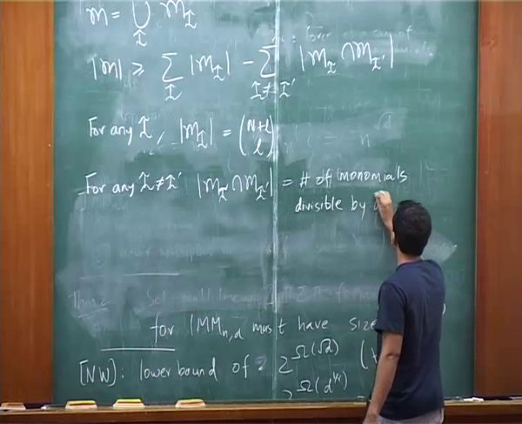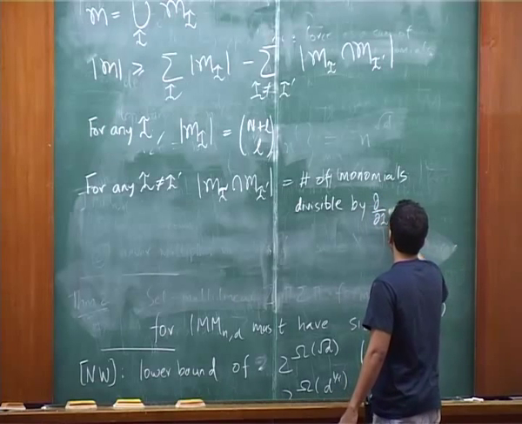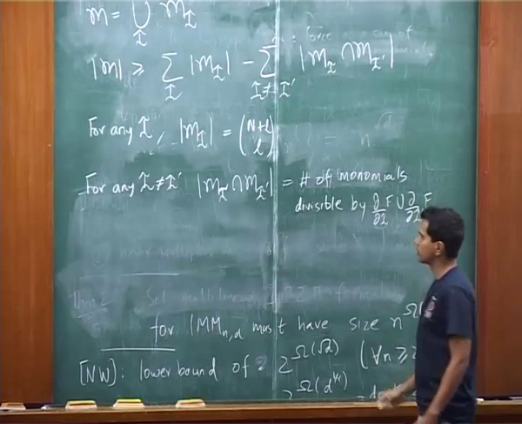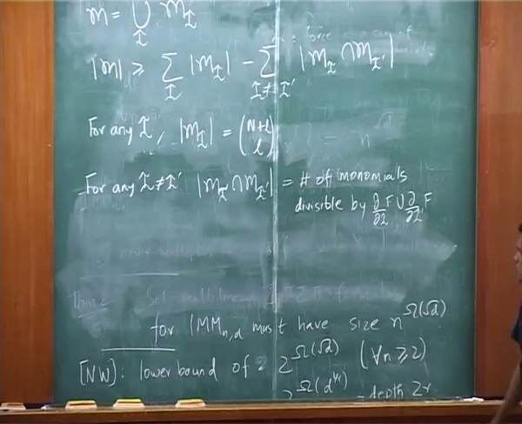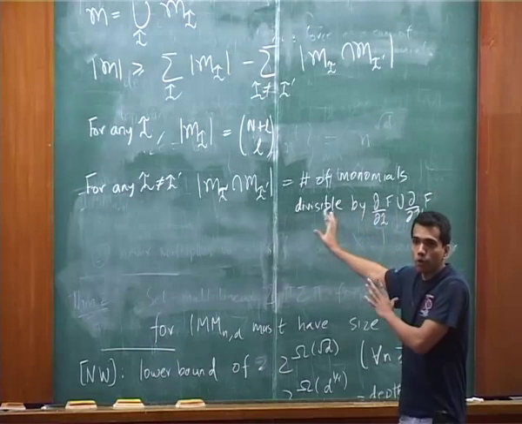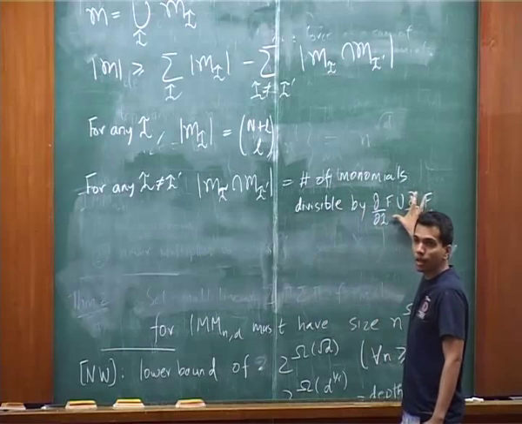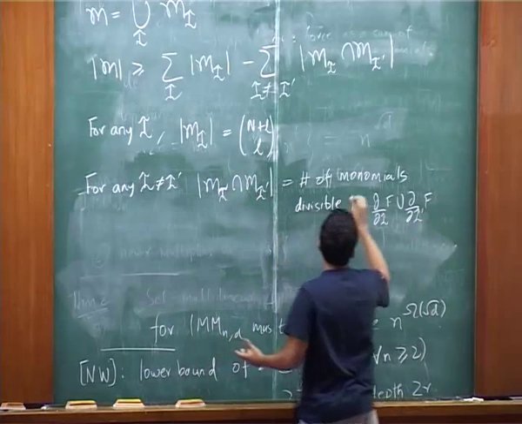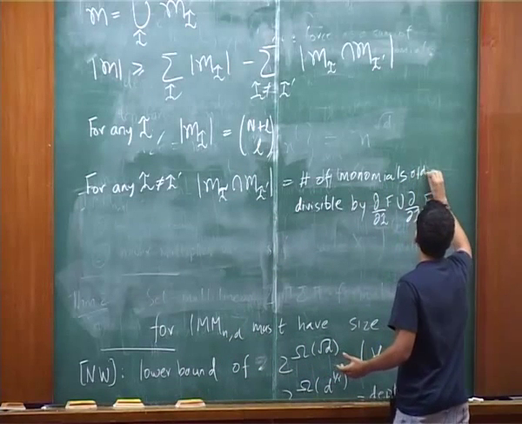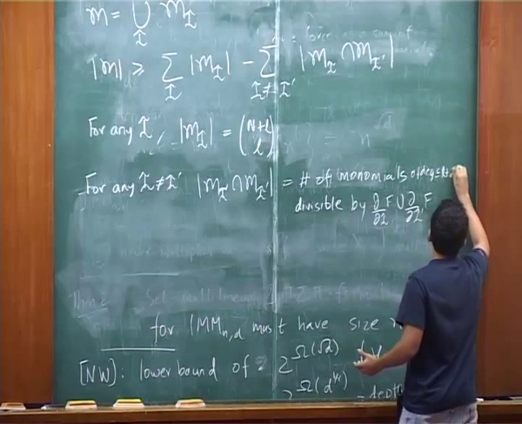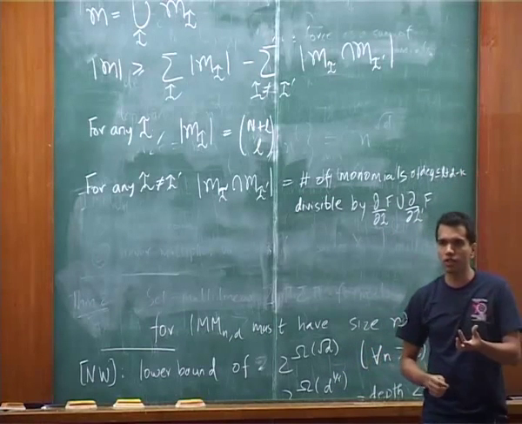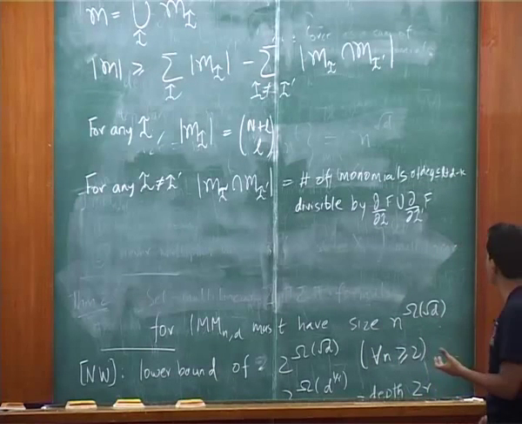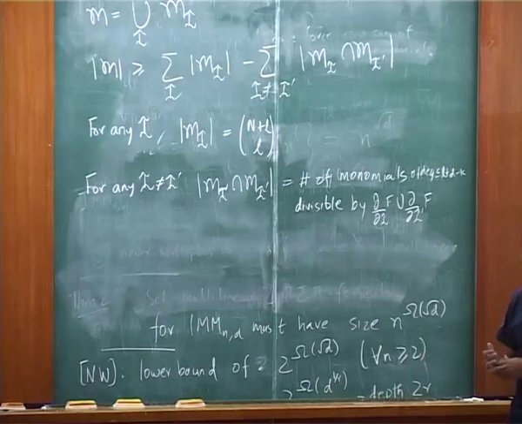It's exactly this set of monomials. This is a multilinear monomial. Once I know this set, the number is going to be the number of monomials of degree at most L plus D minus K, because a derivative is of degree D minus K and the shift is of degree L. So every monomial of degree at most L plus D minus K divisible by this product of monomials is exactly my set.